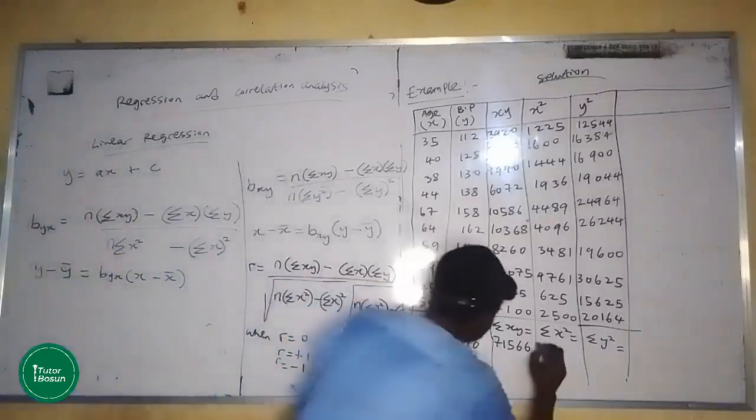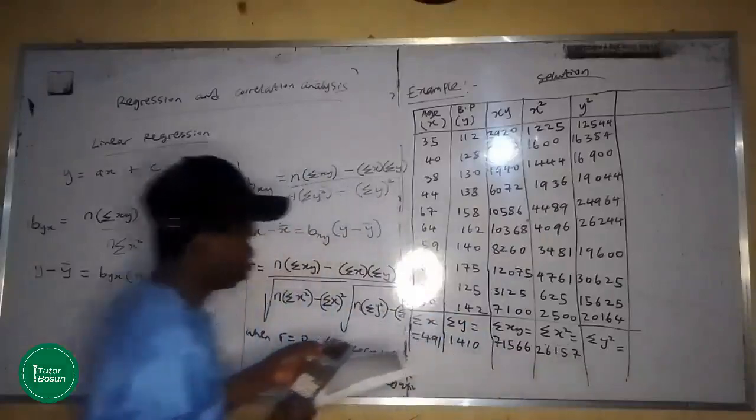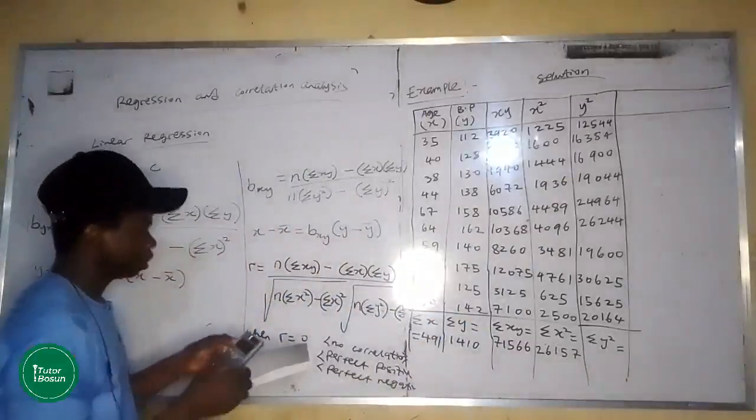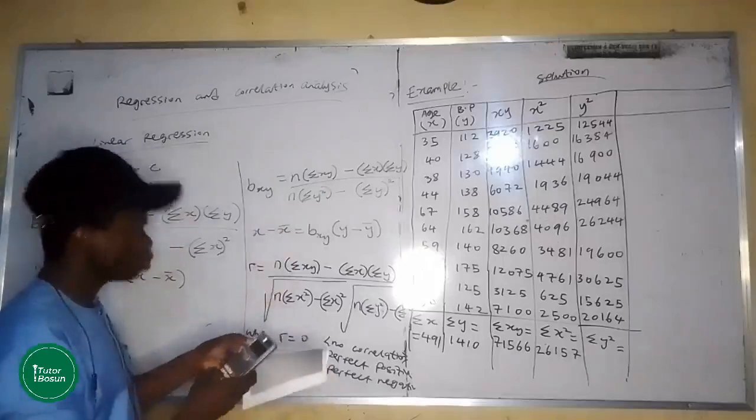That gives us 26157. So let's sum our y squares together.